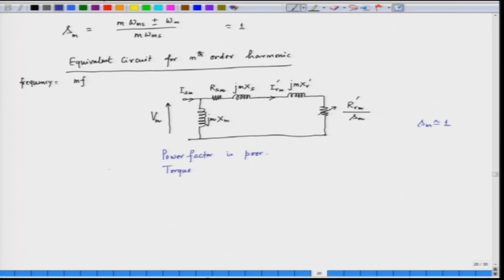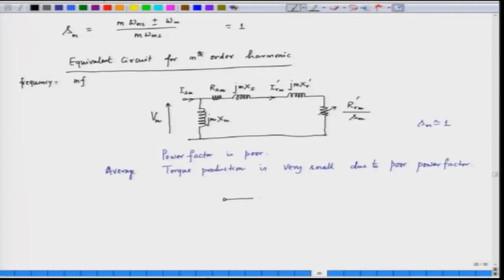So, the average torque production is very small due to poor power factor. So, the harmonics do not contribute to any average torque significantly.